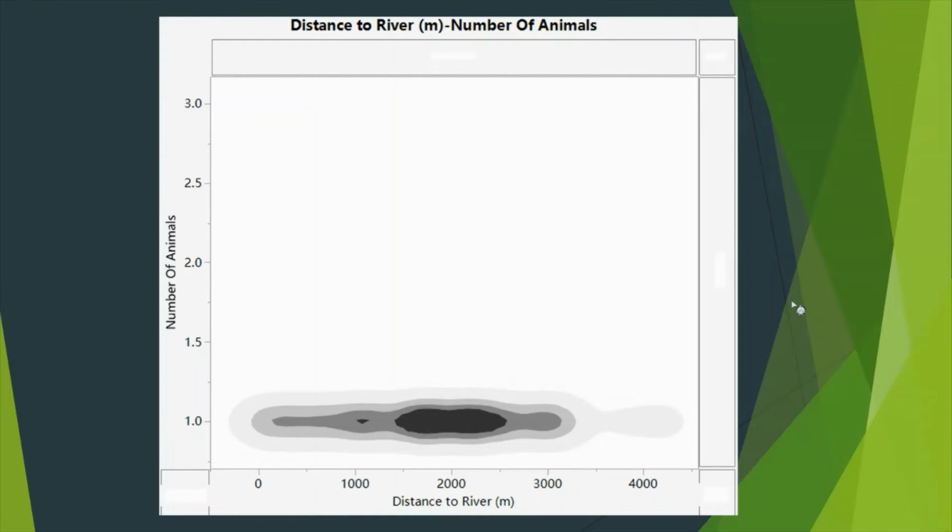This data was recorded during April of 2012, which means that during that time period, the hyenas got a little bit farther away from the river.